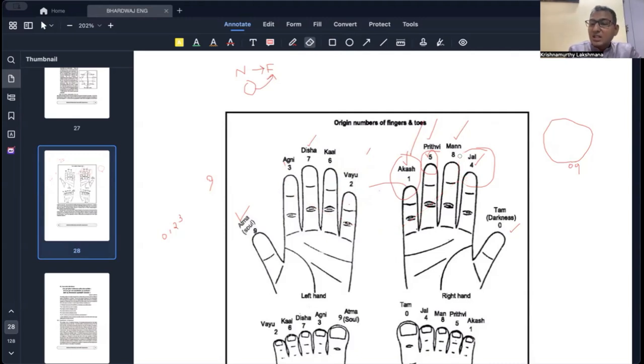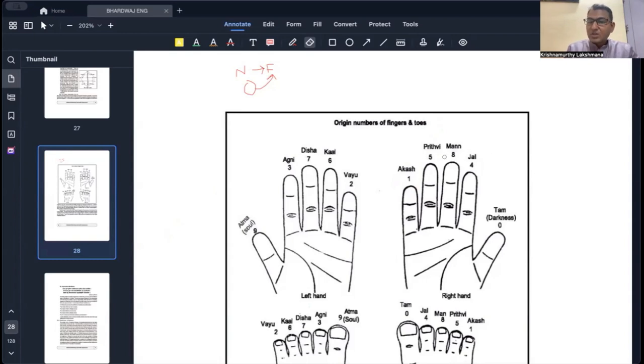This has a logic. The elements are growing in sequence. One is stronger or more dominant, or it is growing in size. Say, which is more dominant, Jal or Prithvi? Prithvi, sir. Prithvi is more dominant, so it will get a higher number, because it has all the other things inside it.